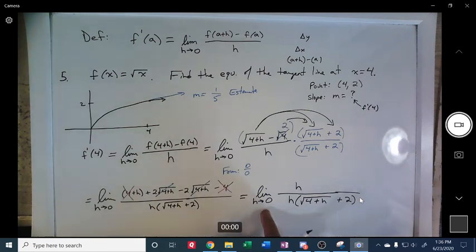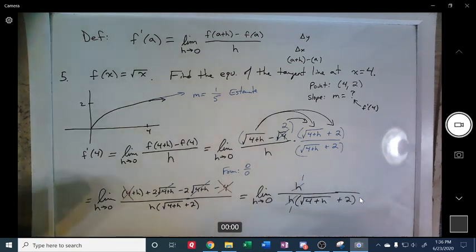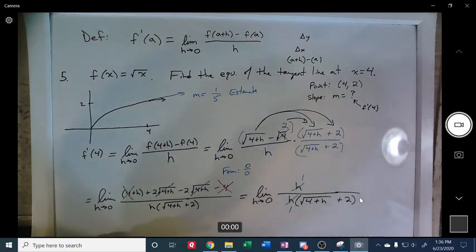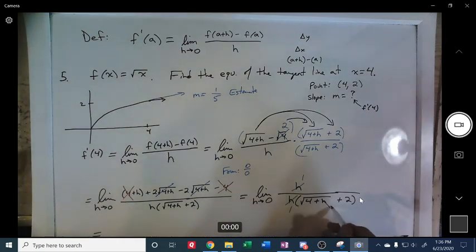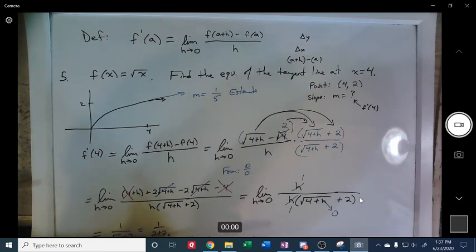Now, the form is still 0 over 0 until I reduce. And once I reduce, now I can send this h to 0, and I will get 1 over square root of 4 plus 2, which is 1 over 2 plus 2, which is 1/4.